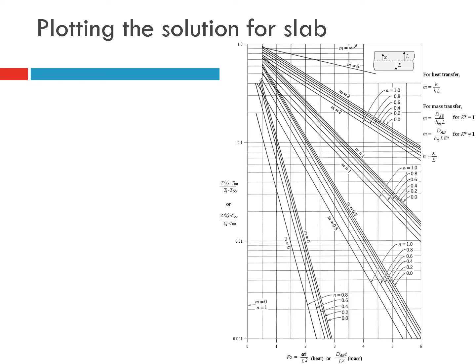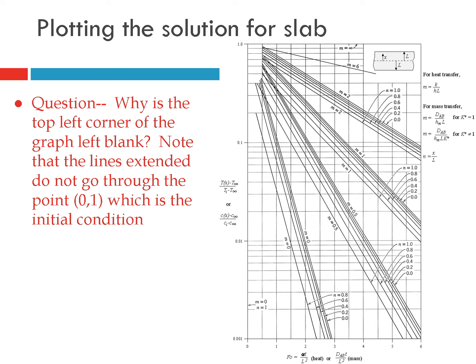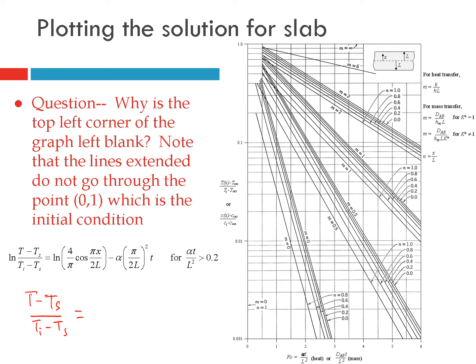So if we just rewrite the solution that we derived, T minus Ts over Ti minus Ts is equal to 4 over pi cosine of pi x over 2L, e raised to minus alpha (pi over 2L) square t.